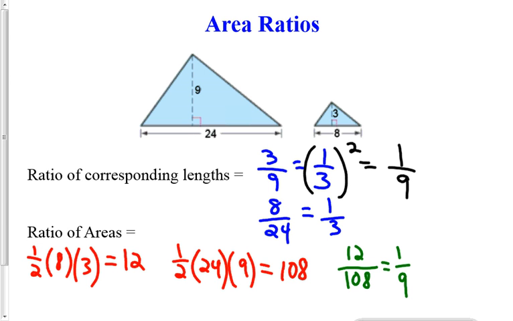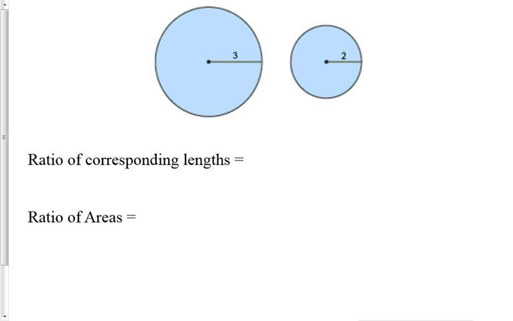Now let's just see if this is coincidence or if it holds true for circles. So we're given two circles, one bigger than the other, one with radius 3, the other with radius 2. And we're being asked to find the same things, the ratio of the corresponding lengths and the ratio of the areas.